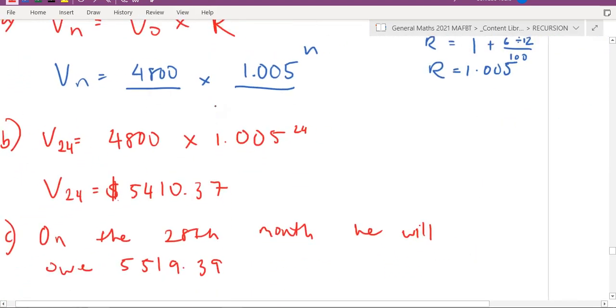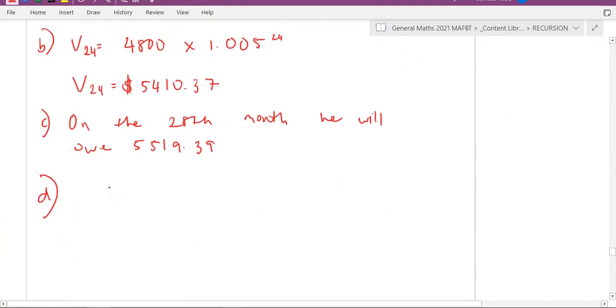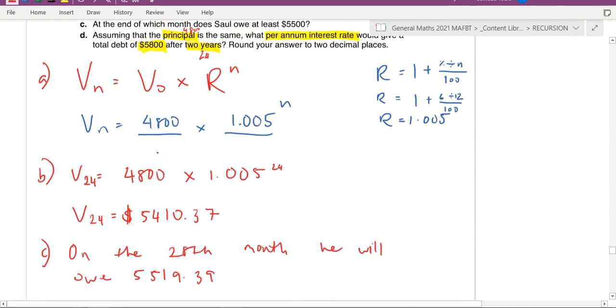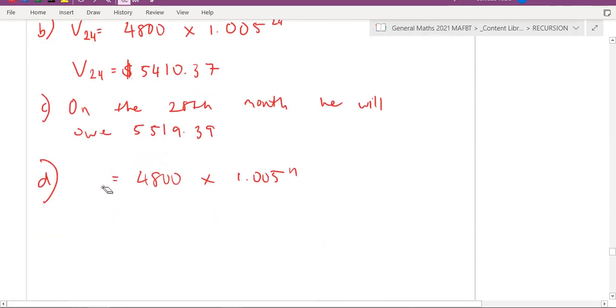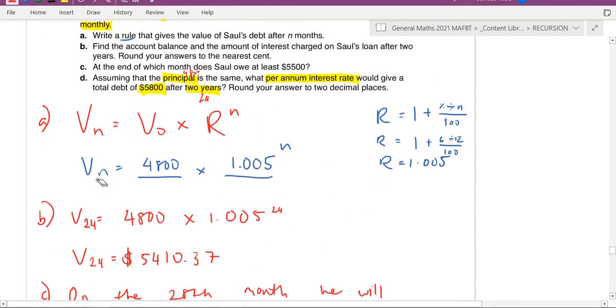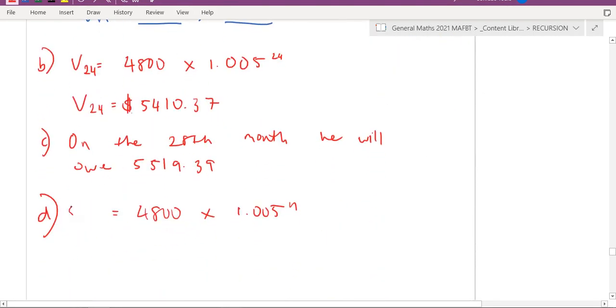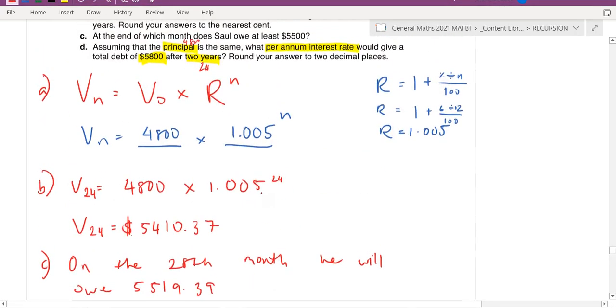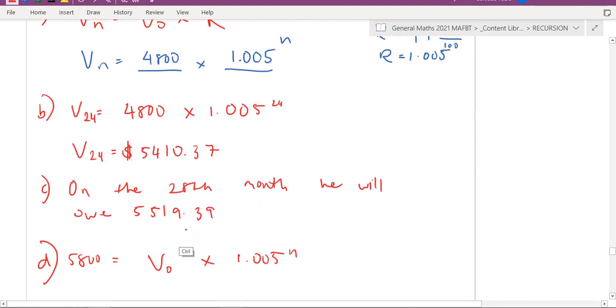On my formula, remember VN equals 4,800 times 1.005 to the power of n. So that information is saying if VN was 5,800, what would the rate be? Oh no, sorry, V0 stays the same, my bad.